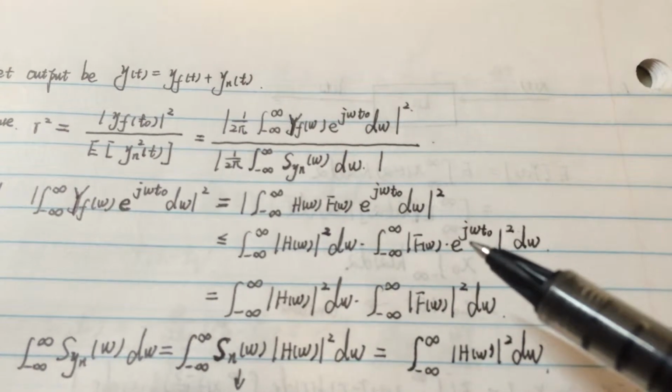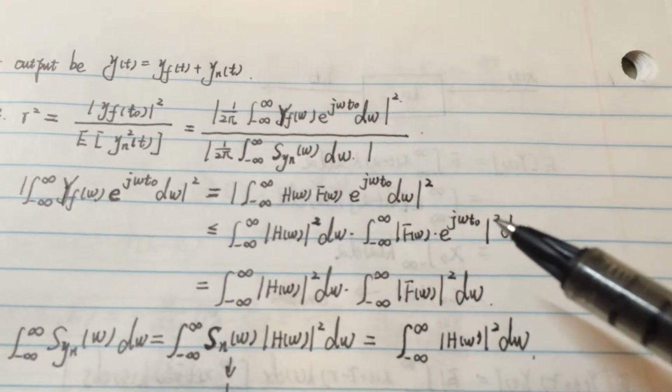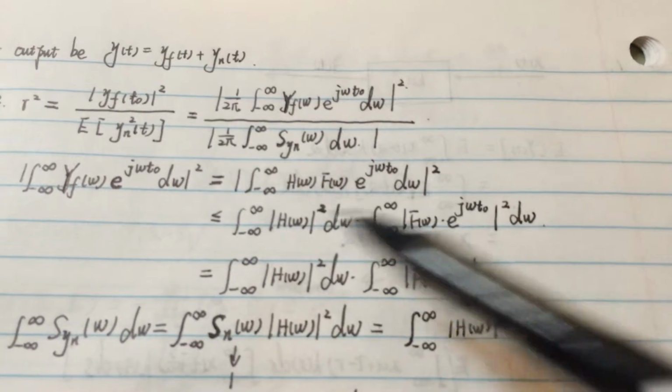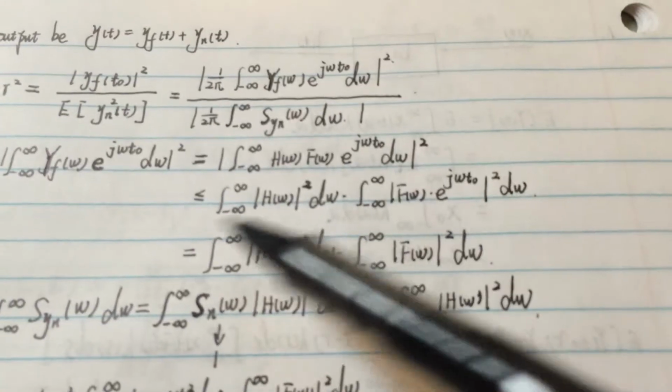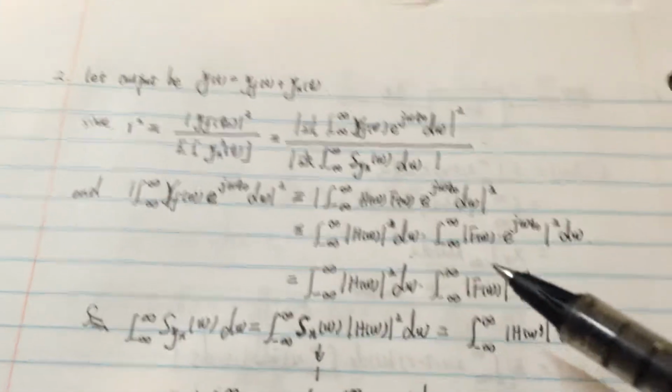And since the magnitude squared of e to the j omega t0 equals 1, the product of these two equals this.